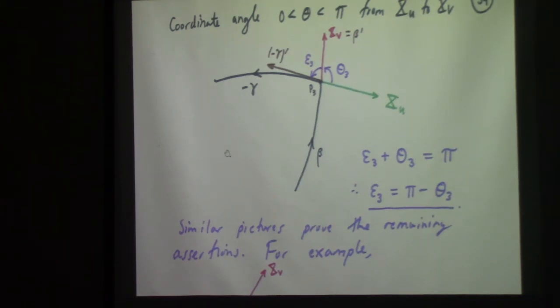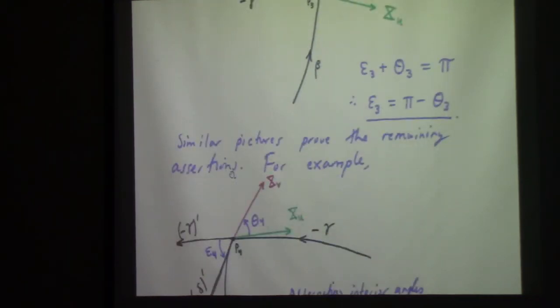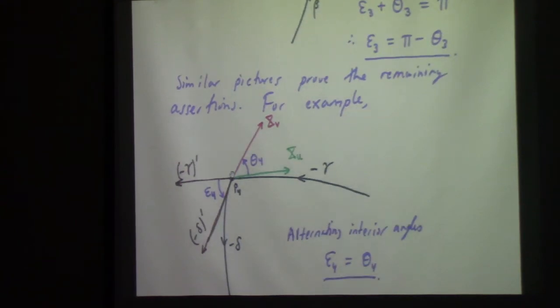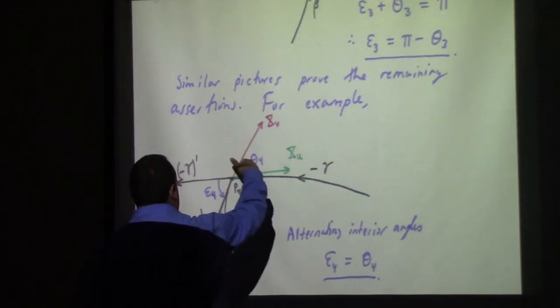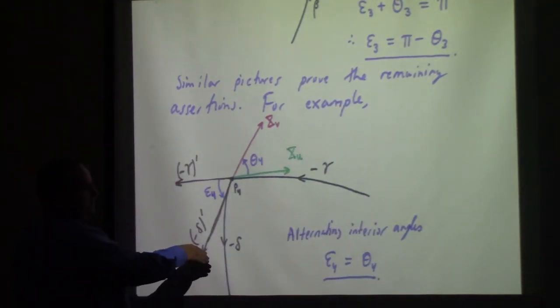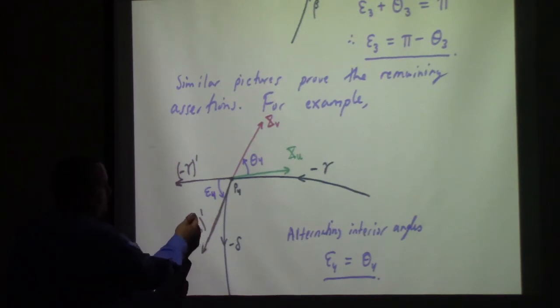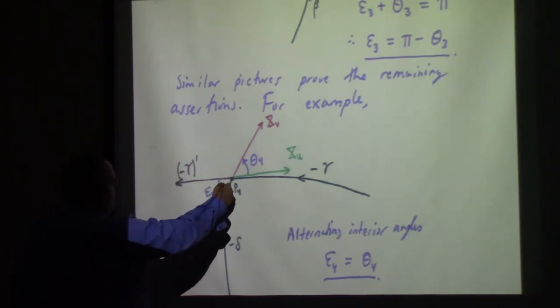The picture zooming in here for 4 is a little bit different. See, for angle 4, you're going from minus gamma to minus delta. And in this case, the epsilon's down here, right?